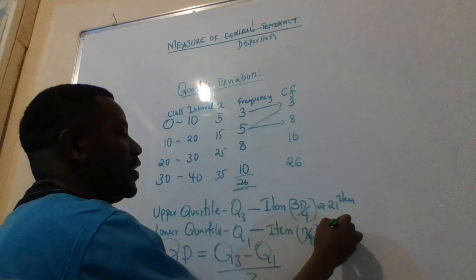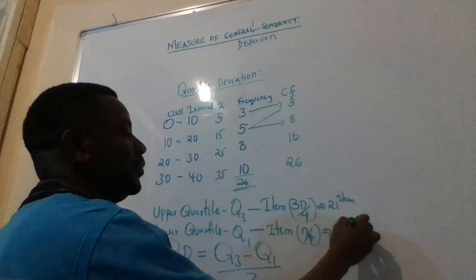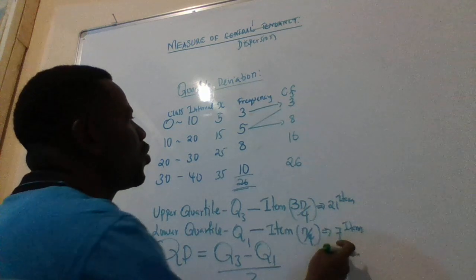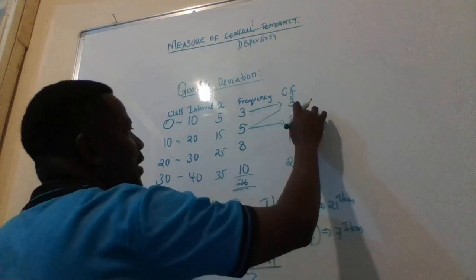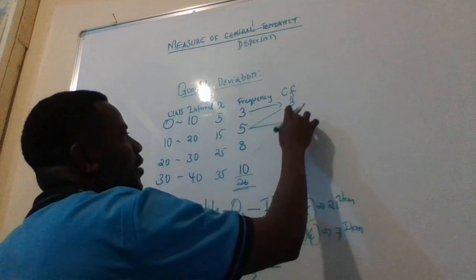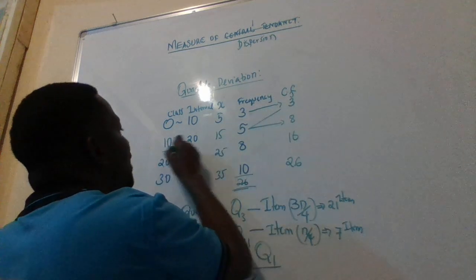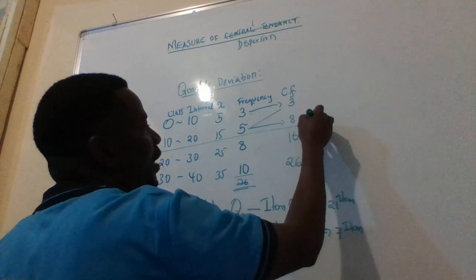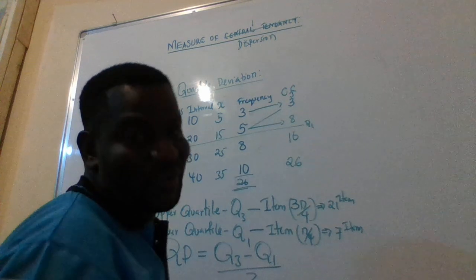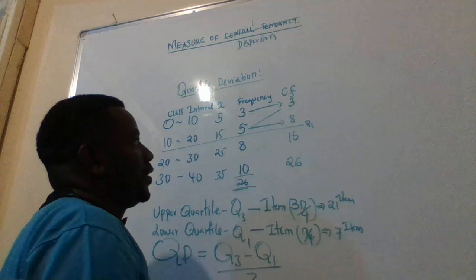Here, it is the 7th item. So go to the 7th item, it is contained in the class with cumulative frequency 8. So I will use this to find Q1.